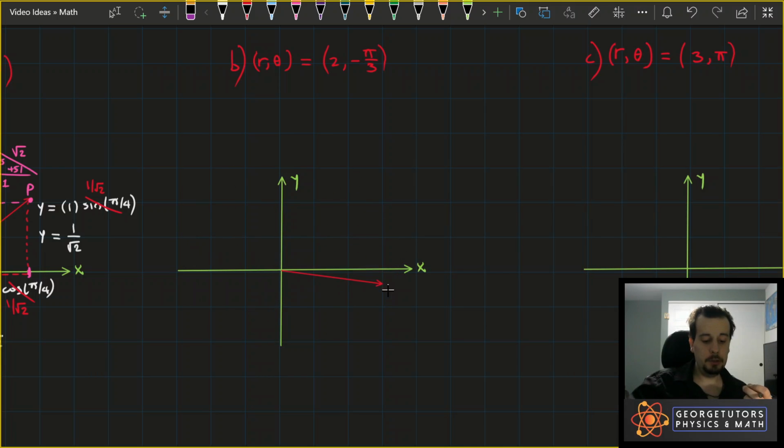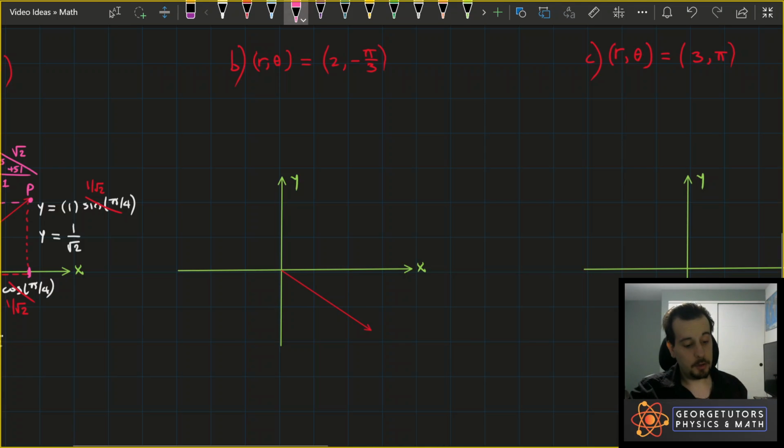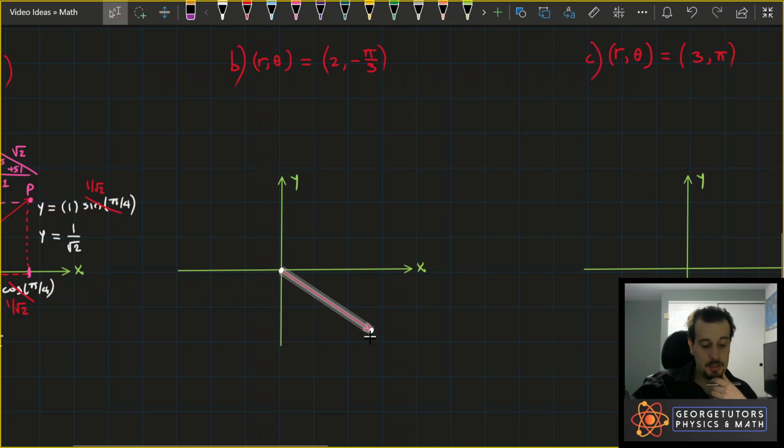So if I'm below the x-axis here, there's two ways we can measure that angle. There's this way, which is a positive angle, and there is this way, which is a negative angle. So if we're being given negative pi over 3, or negative 60 degrees if you must, that means we take our vector and move it 60 degrees below the x-axis instead of above.